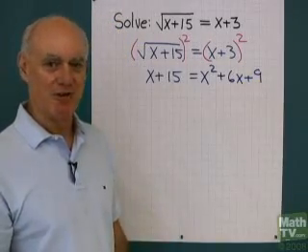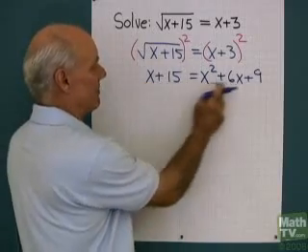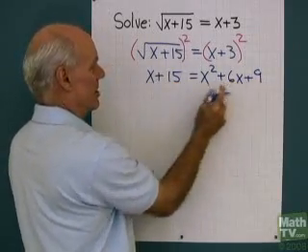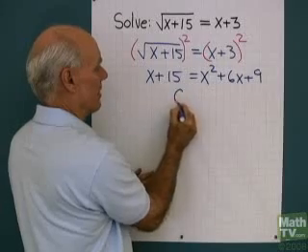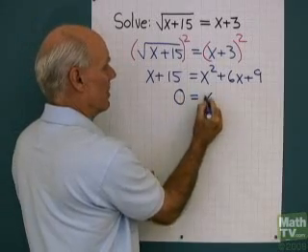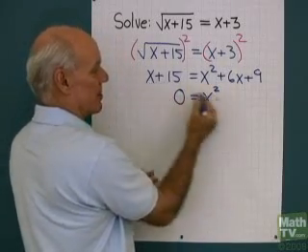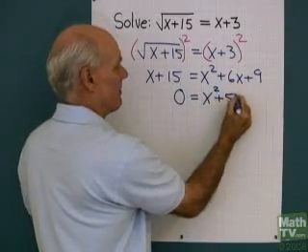I want to put it in standard form, so I'll add negative 15 to each side, and negative x to each side. So on the left side here, I get 0 is equal to x squared plus 6x, and then I'm going to subtract x, so plus 5x.